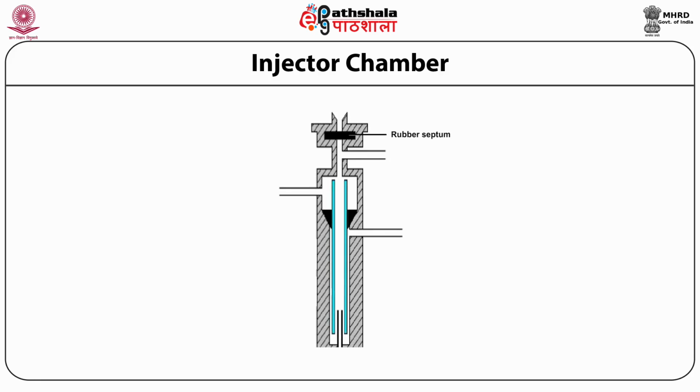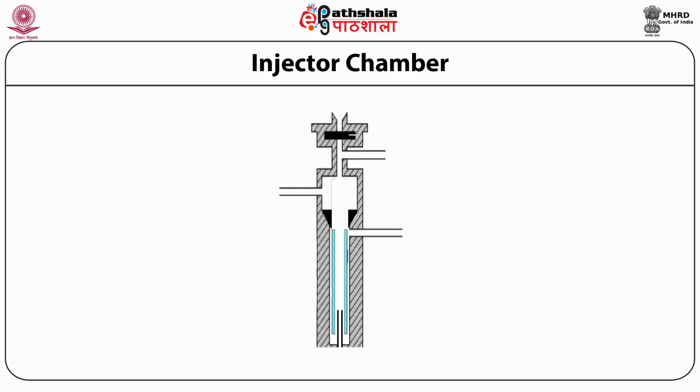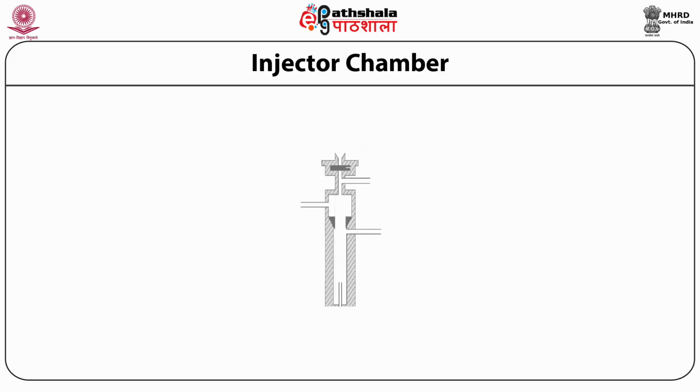And finally, you see the column just below the vaporization chamber, where the sample is volatilized and then put onto the column. And the injector chamber, the lines in blue, is with an inert glass liner, which prevents the reaction of any of the analytes in your sample with any other material.